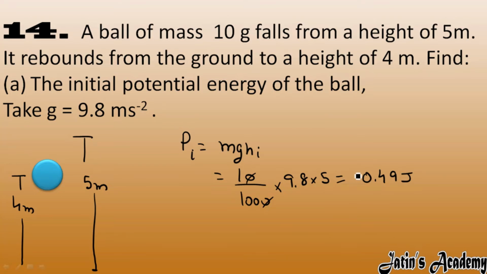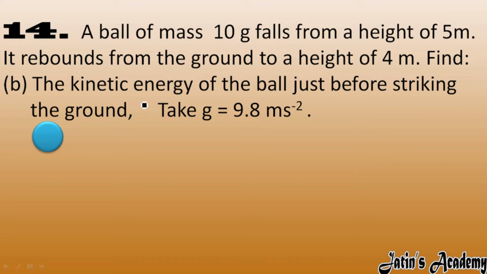Clear? Now we have to calculate the kinetic energy of the ball just before striking the ground. So when the ball, which is at a height of 5 meters from the ground, is moving, we have to calculate the kinetic energy here. Means here what is the kinetic energy? So according to the conservation of energy, energy at this point and energy at this point is same.